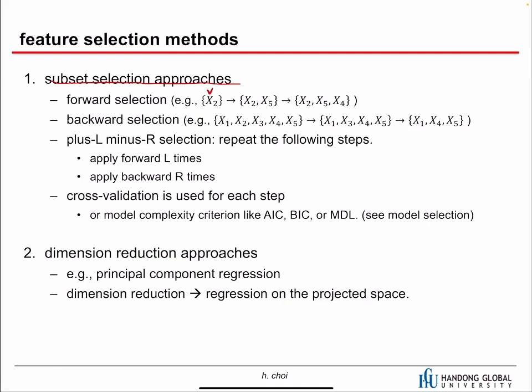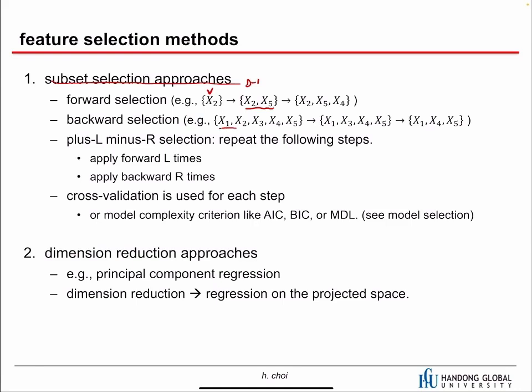Okay, and then now we have d minus 1 features. Out of d minus 1 features, we can add the next best feature. So now we have x2 and x5. And we can keep adding these features one by one. And backward selection goes the other way.